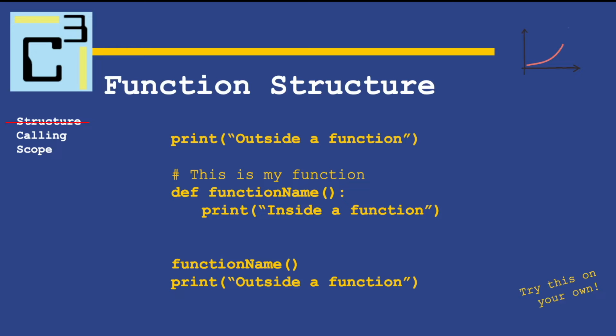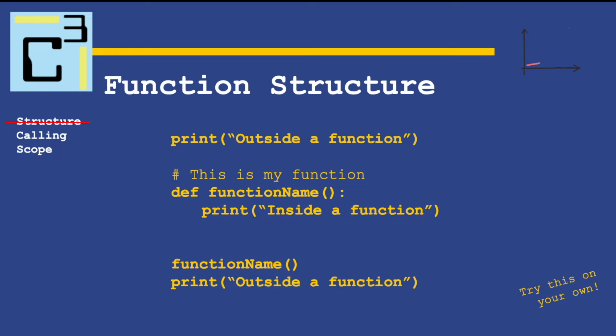So if we go to calling, we can come down here and we see after the declaration of the function and the actual definition of the function, right? So defining the function, everything that's in the function, whatever comes after that it's below, but it's not indented, that's back into the regular program, okay?